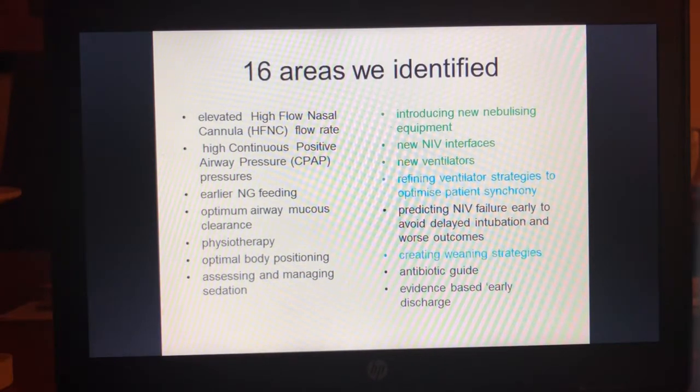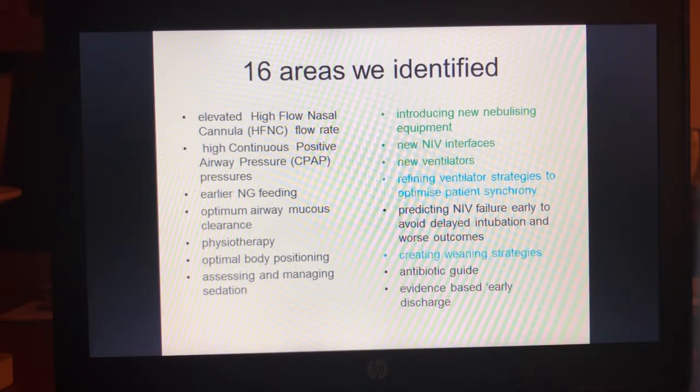So here are the 16 areas that we identified, and what I thought would be useful would be to go through some of them in a little bit more detail. We'll show you what we did and how we achieved improvement.